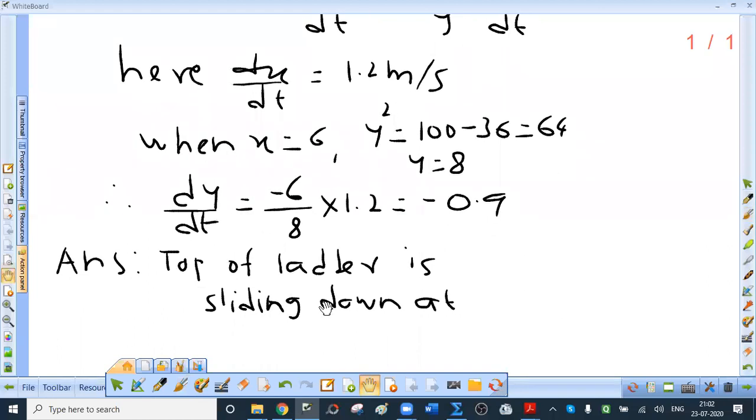Now you need not write minus because we have used the word sliding. So sliding down at the rate 0.9 meter per second. Okay, right on. Archit, how come 1.6? Why 1.6? I didn't get you. Archit?